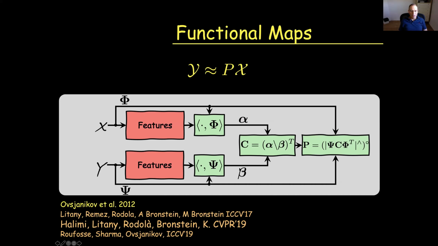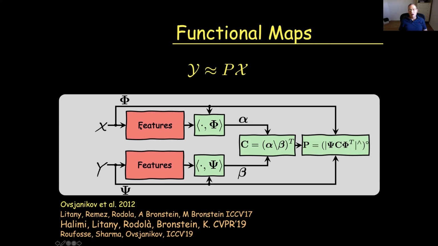You do the same for Y and you get this matrix of coefficients beta. And the permutation in the frequency domain is nothing but dividing alphas by betas. So you can get the permutation by just looking at the projection of corresponding features onto the corresponding Fourier harmonics. Now, you need corresponding features.